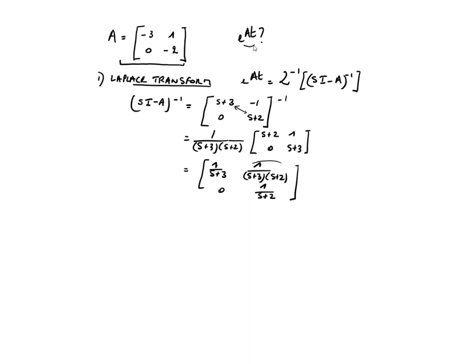This one, by the way, you can rewrite, because we'll have to take the inverse Laplace transform, so we have to take the partial fraction expansion. If you do that, and I'll leave this as an exercise, it's 1 over s plus 2 minus 1 over s plus 3. You can see that if you put everything under the same denominator again, you'll have (s plus 3) minus (s plus 2), so this is correct.